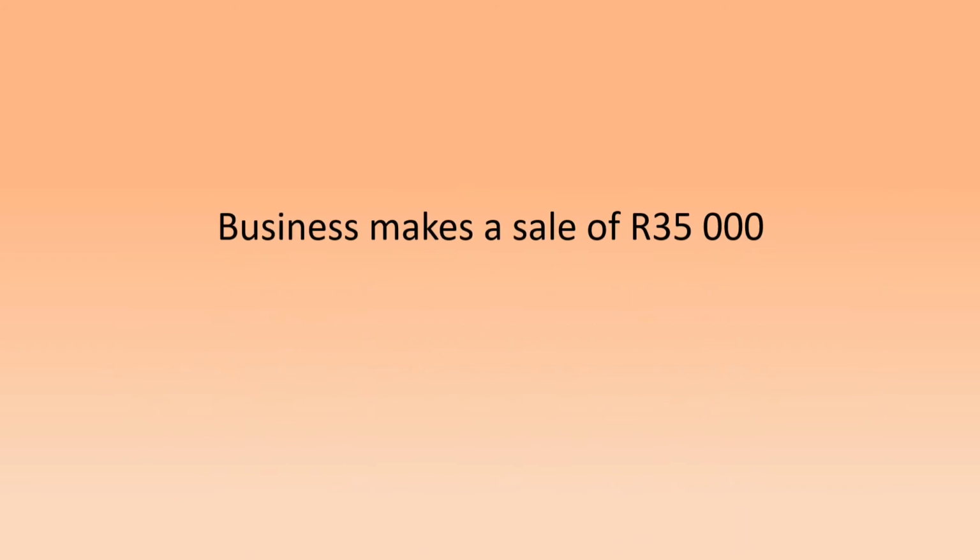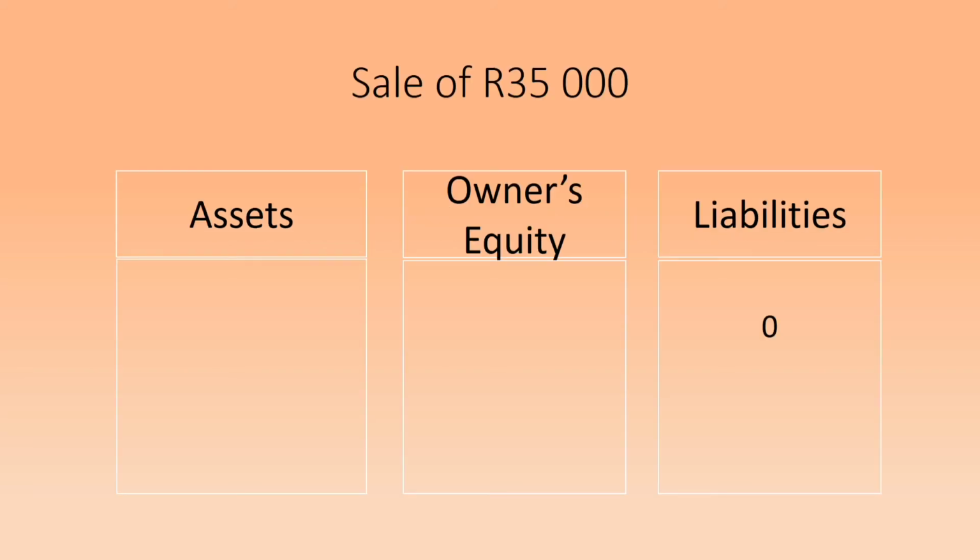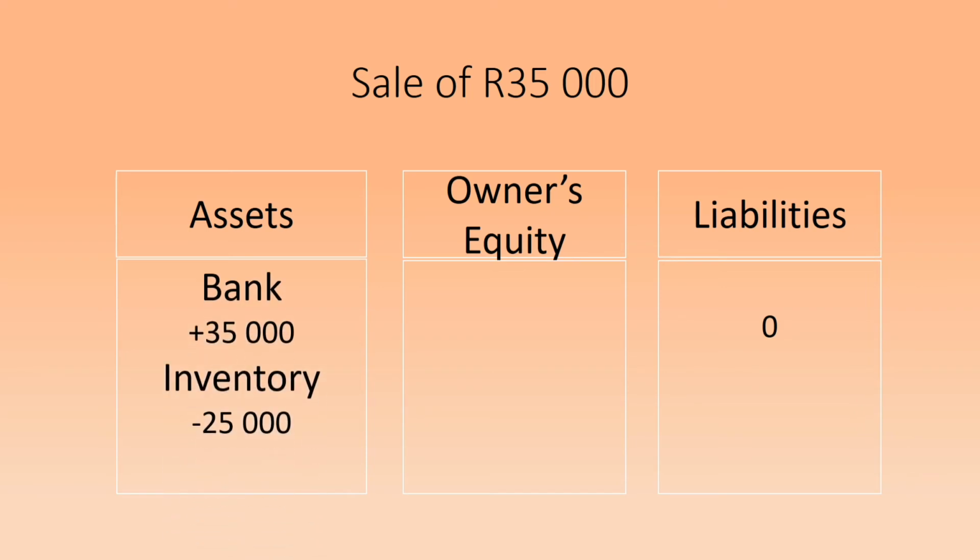The business makes its first sale of 35,000 Rand at a markup of 40%. The sale has resulted in an increase of 35,000 in bank and a decrease of 25,000 in inventory. The profit of 10,000, which is your 35,000 less your 25,000, is reflected as an increase in retained income.